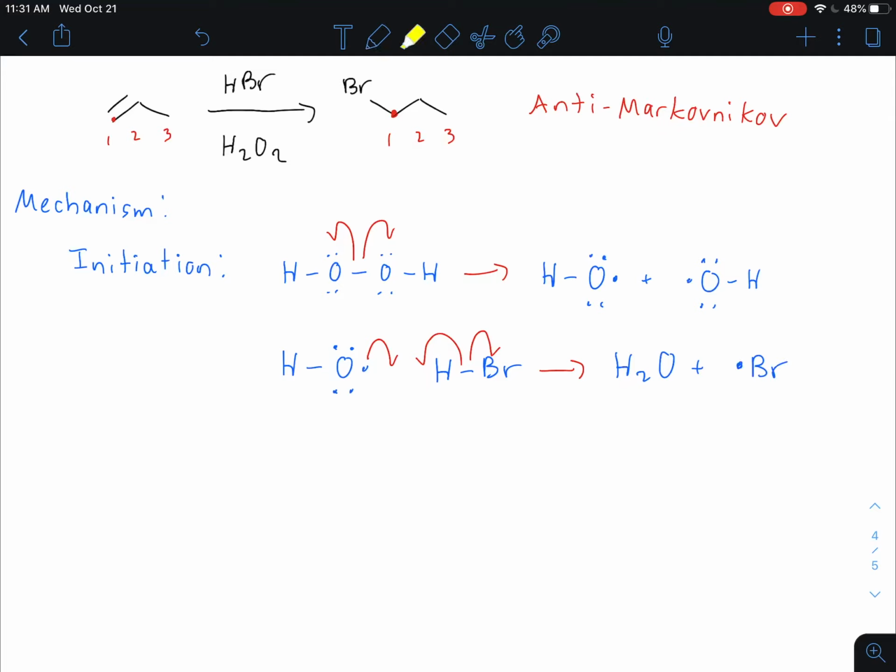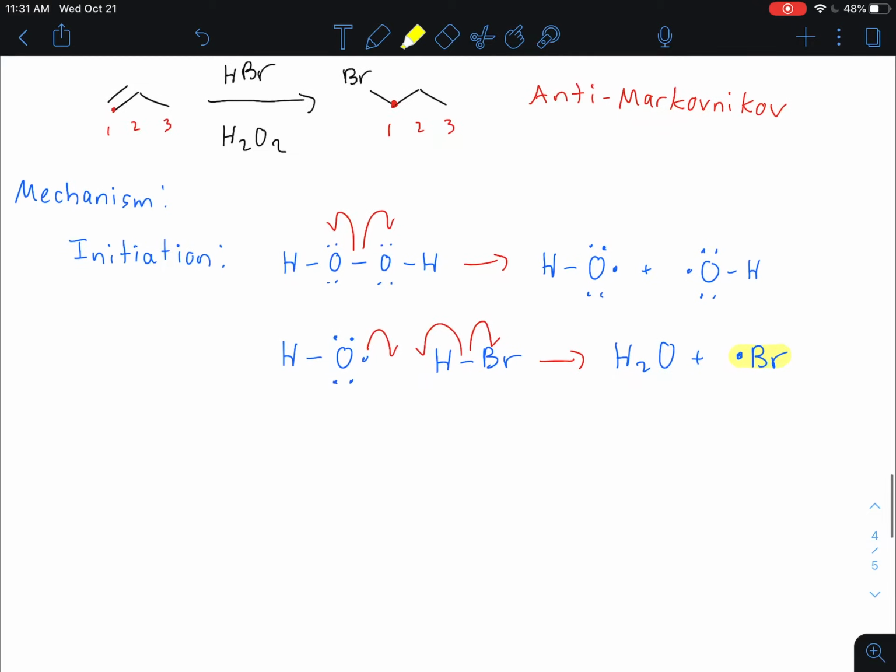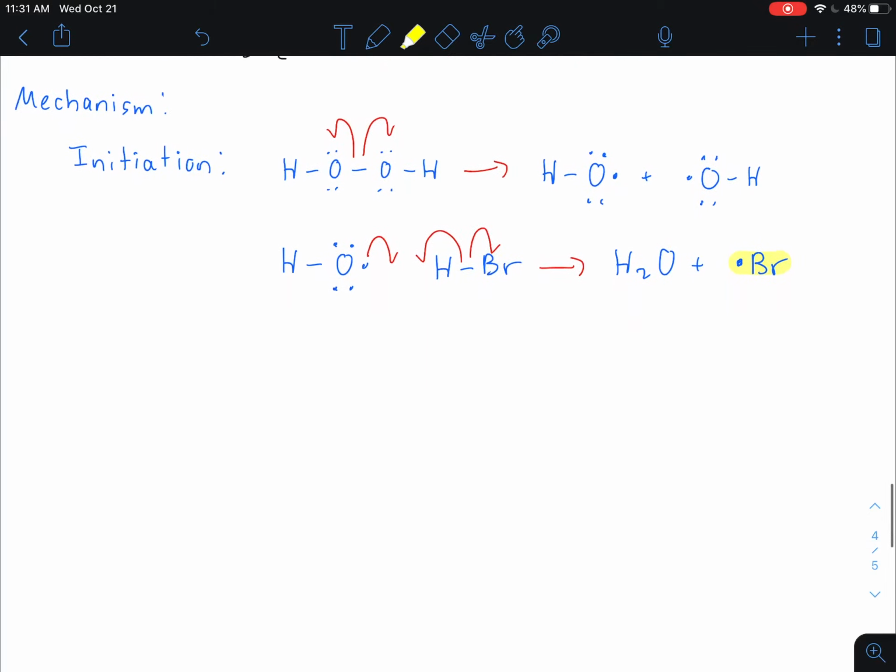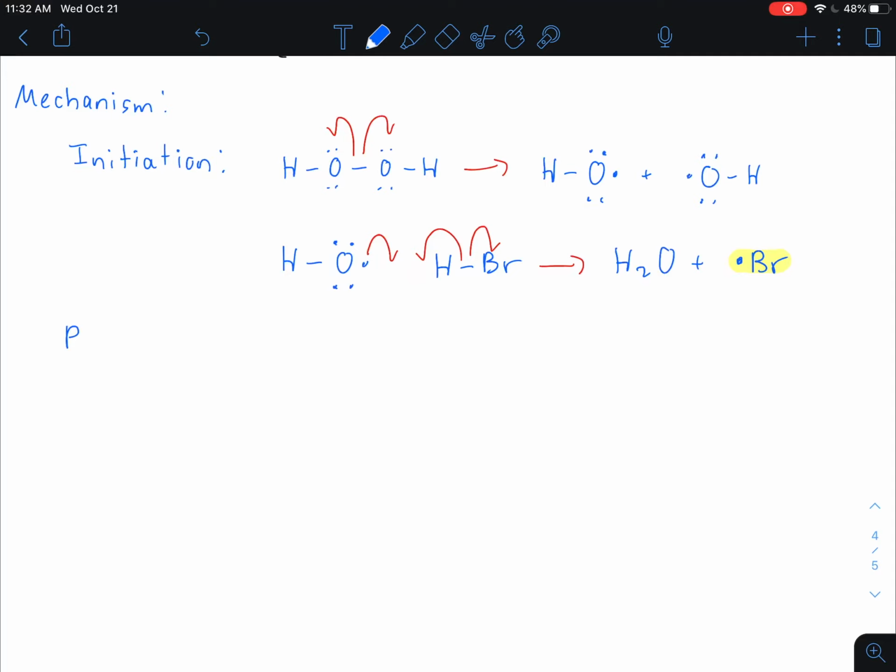So in that two-step pathway, we've generated bromine radical, just like what we've seen in other reactions. Now we're going to have our alkene and bromine radical.